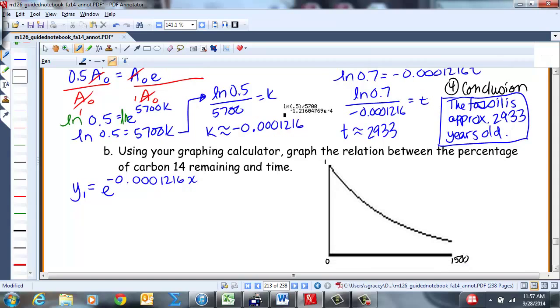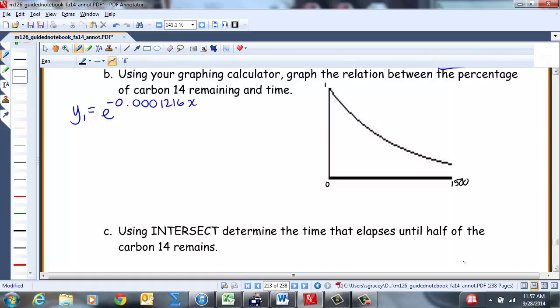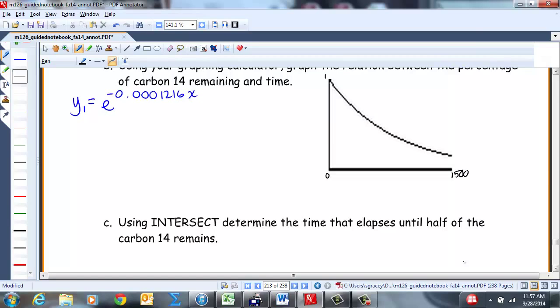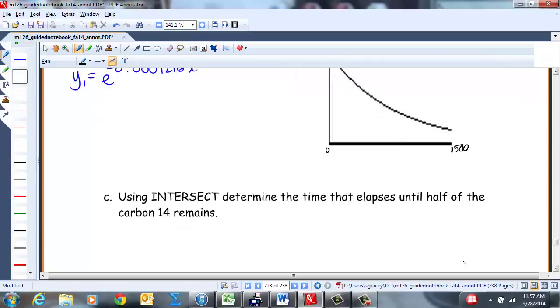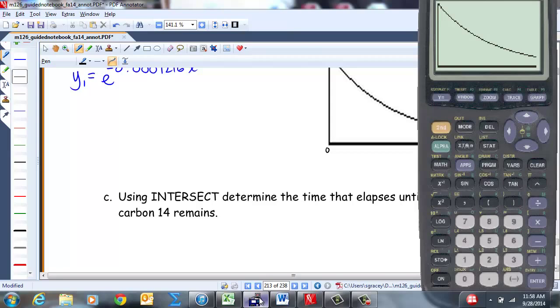So that's the relation between the percentage of carbon-14 remaining and time. Now let's use intersect to determine the time that elapses until half the carbon-14 remains. So we've already solved this problem, right? But now we're going about it from the other way.